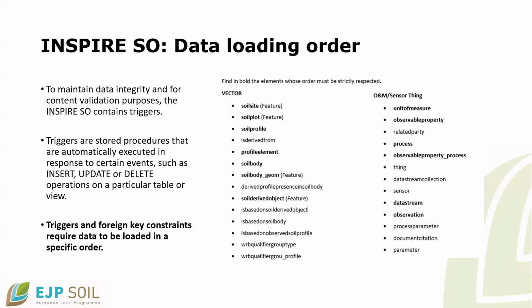This is because the soil profile will try to link to the foreign key of the soil plot. Same goes for the profile element. We cannot insert the profile element of a soil profile if the soil profile itself has not been inserted. Same goes for the observation and so on. So we will follow a data loading order.